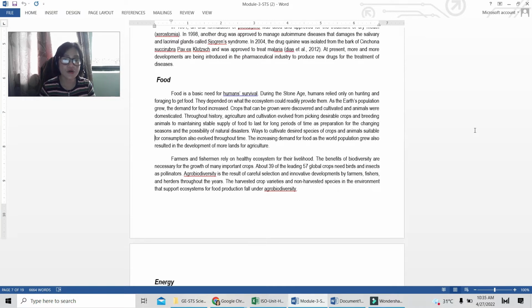So agrobiodiversity is the result of careful selection and innovative developments by farmers, fishers and other herders throughout the year. So the harvested crop varieties and non-harvested species in the environment that support ecosystem for food production fall under agrobiodiversity.